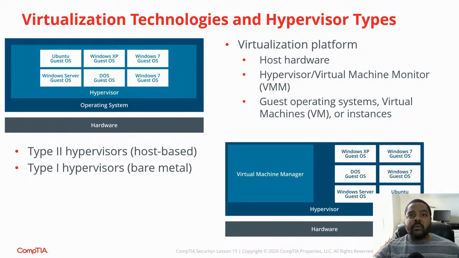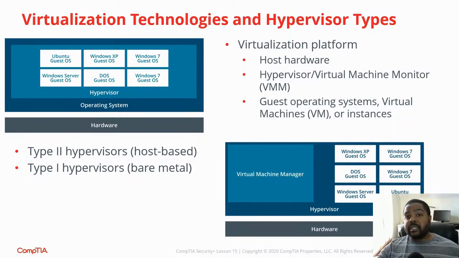Now, a type 2 hypervisor is something where you have hardware with an operating system already installed on it, and then we go in there and allocate some of the hard drive and memory space given by the OS, and we can spin up virtual machines off of that.